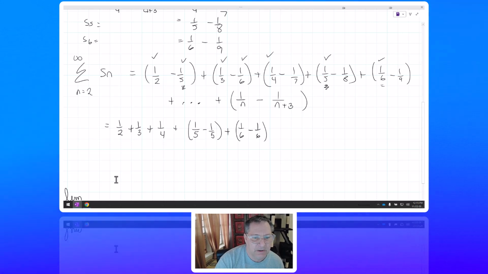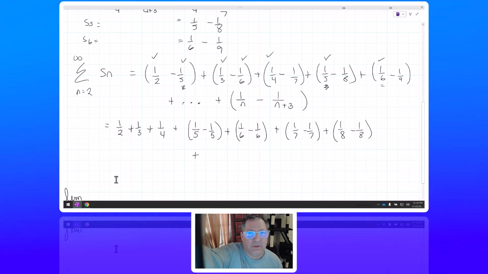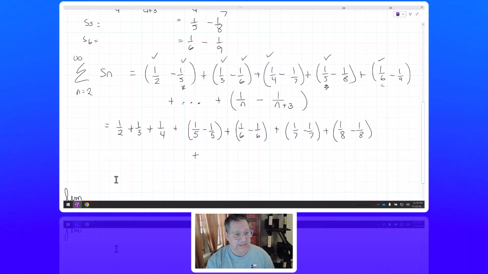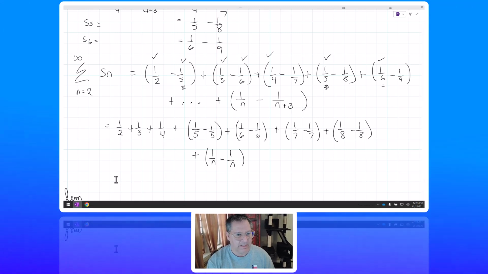And then we can go on. We can group the 1/7 with the 1/7, the 1/8 with the 1/8, and we can keep that pair going until we get to the end, in which case we would have 1 over n grouped with minus 1 over n.